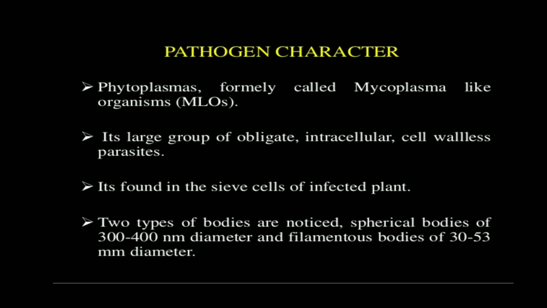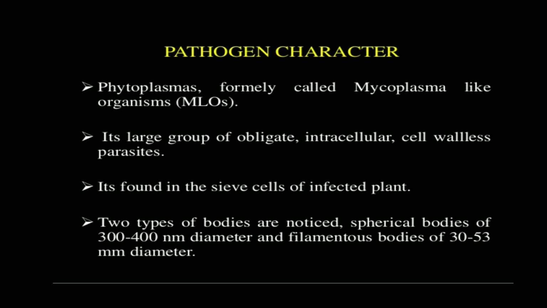This phytoplasma was formerly called a mycoplasma-like organism, but after that scientists showed it under the electron microscope and found its structure, and then they declared that it's a mycoplasma, not a mycoplasma-like organism, right?